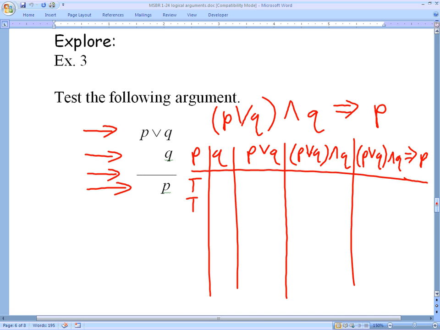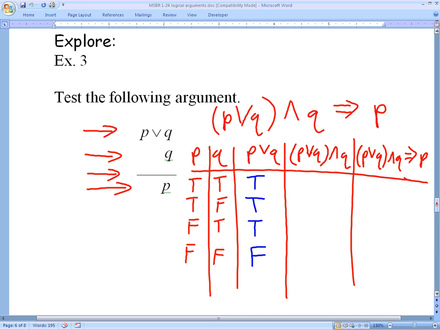So T, T, F, F, T, F, T, F. Now I'm comparing P or Q. In order for P or Q to be true, I just need to have at least one true. The first one has them both true. Then again, just one, and finally none. And the one with none gets a false.